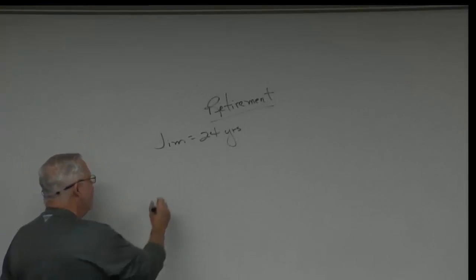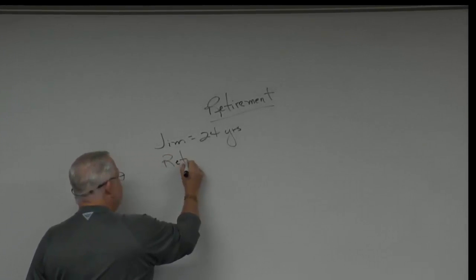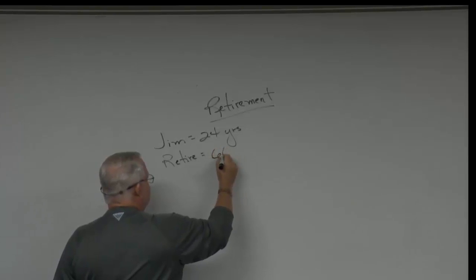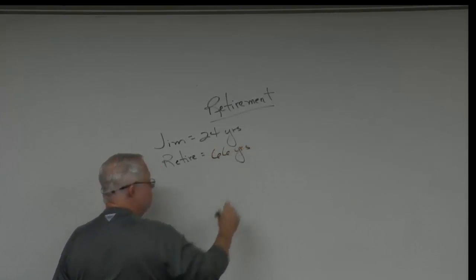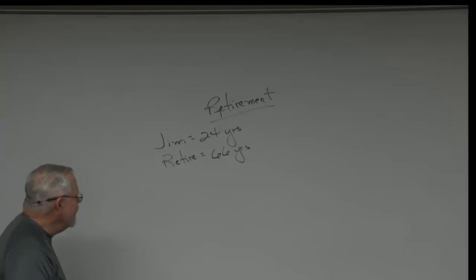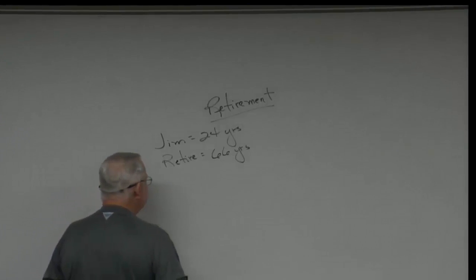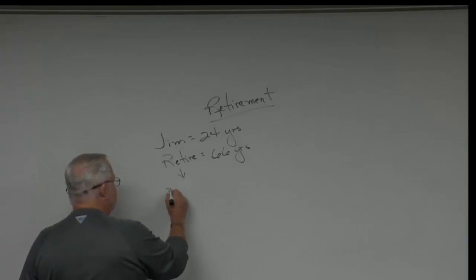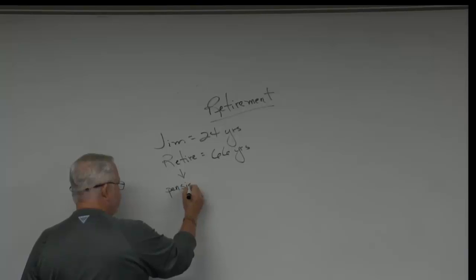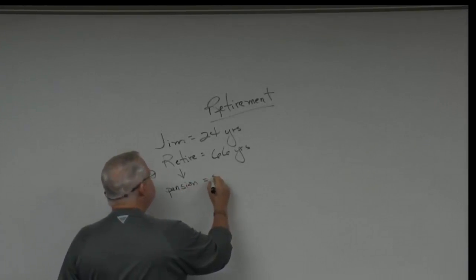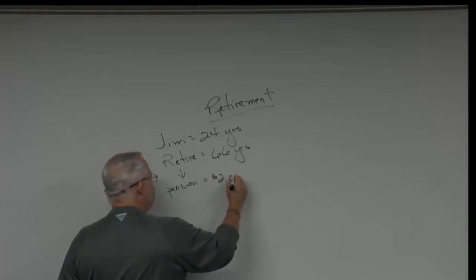And he says, I think I'm going to plan to retire when I am 66 years old. So Jim's looking at a working future of 42 years. And then Jim says, when I retire, I would like to be able to pay myself a pension out of my 401k or whatever of $2,000 a month.